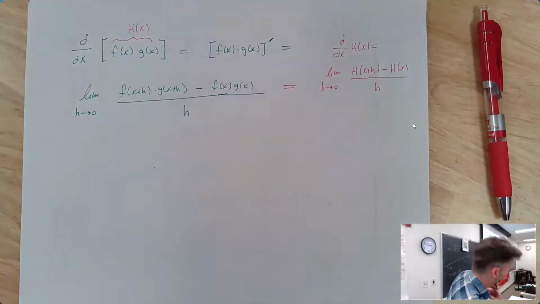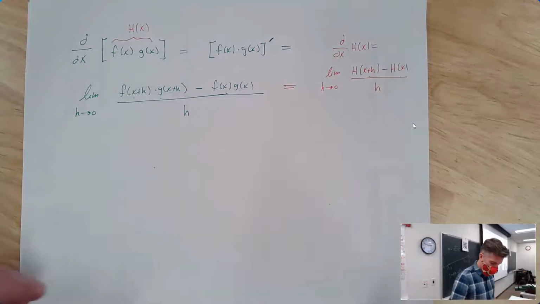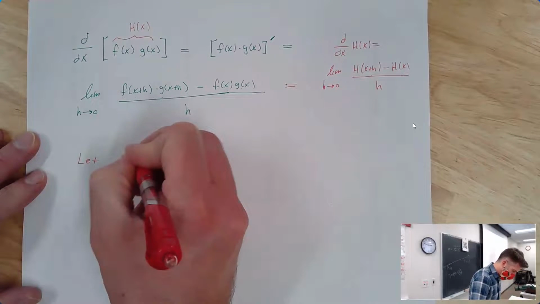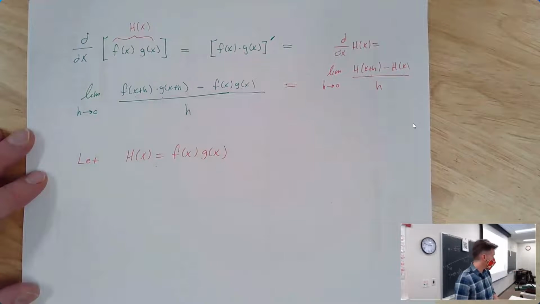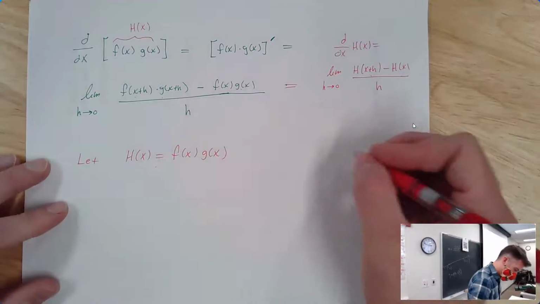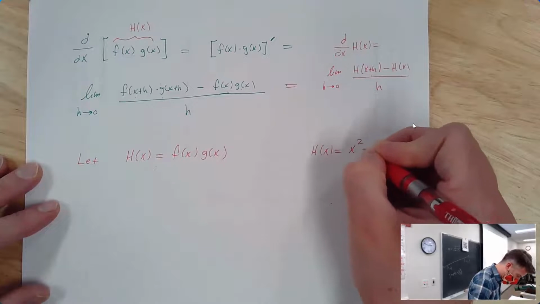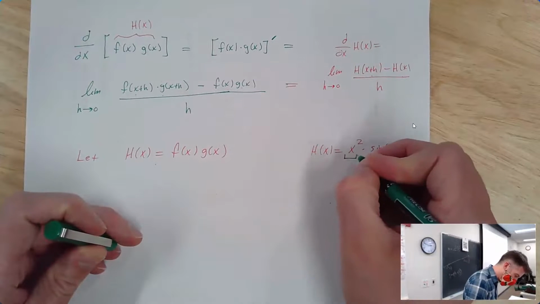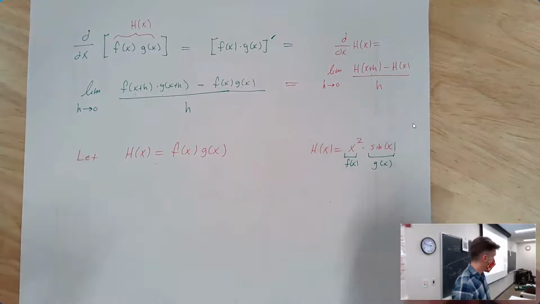So what we're doing is we're just going to let H of X equal f of X times g of X. It'd be like saying H of X is equal to x squared times sine of X. And x squared is your f of X and sine of X is your g of X, for example.